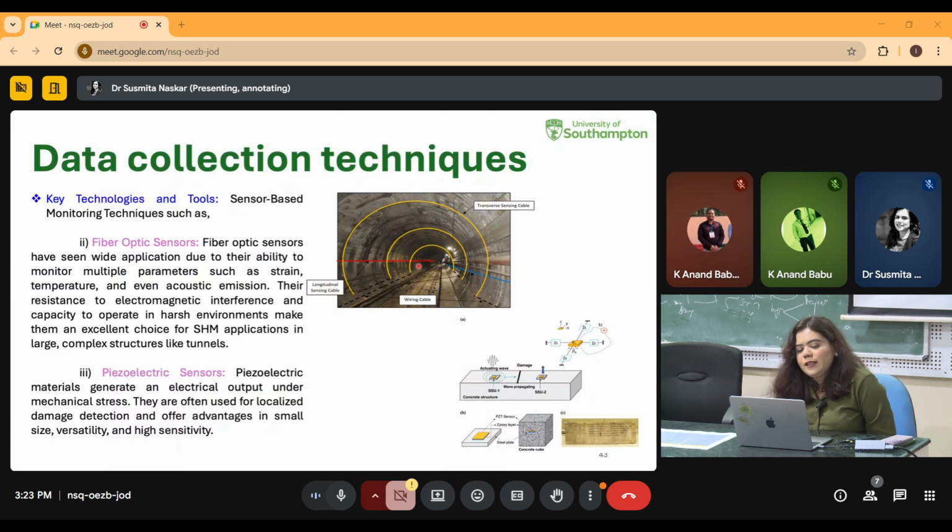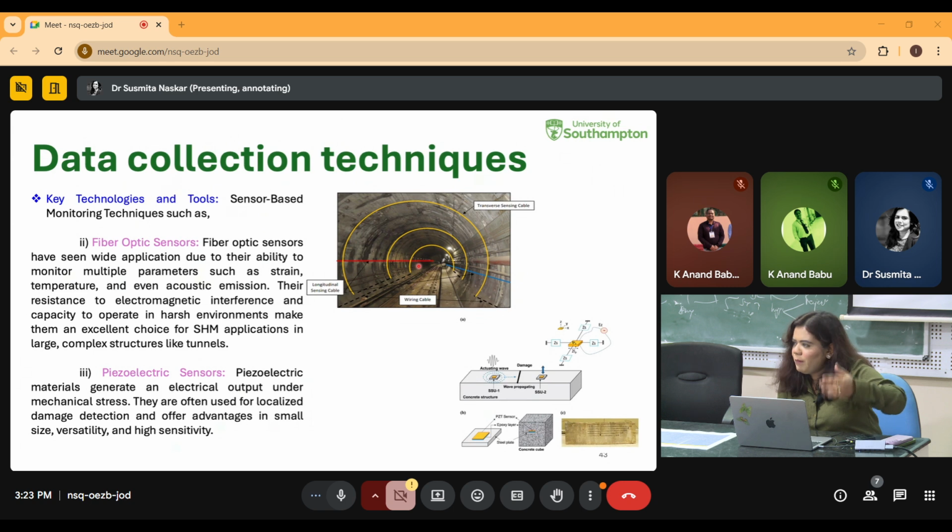And then another important one is the piezoelectric sensor. I think if we work with SHM, if we work with energy harvesting, all of us must have used a piezoelectric sensor at some point. It's definitely cheap and quite user friendly, and these sensors work on the principle that certain materials generate an electric output when you subject them to mechanical stress.